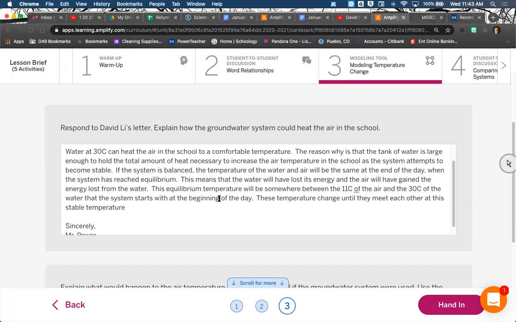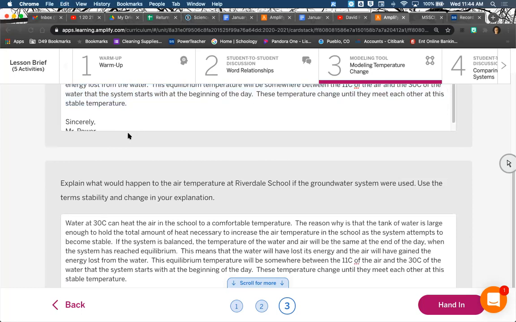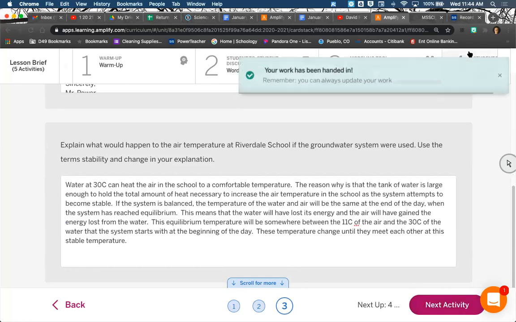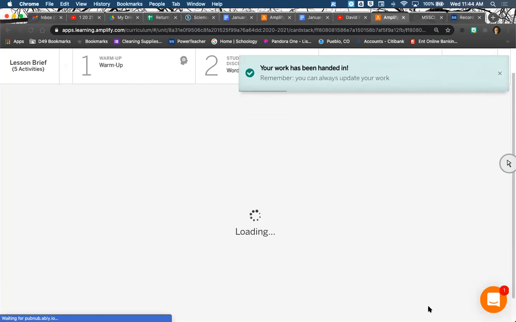So they change until it becomes stable. So let's take this and copy it down here because it answers all of these questions. We'll hit the hand in button and move along. Next activity.